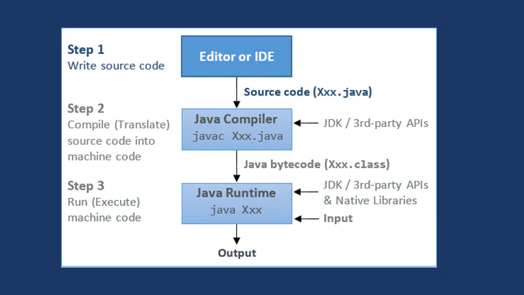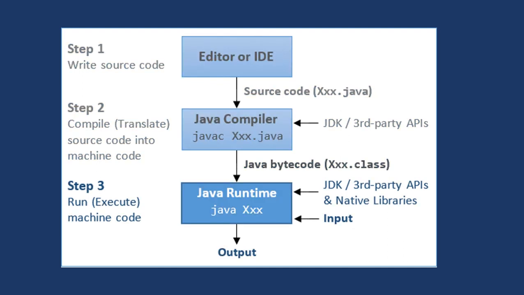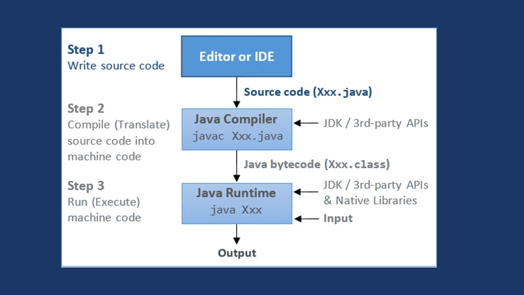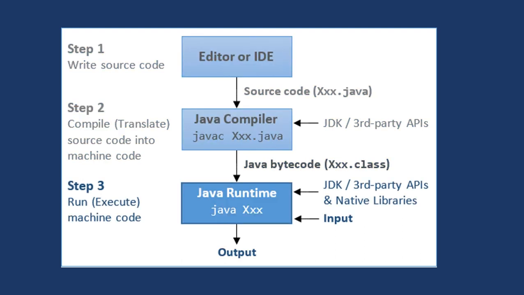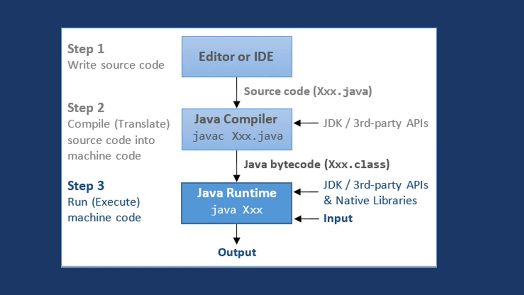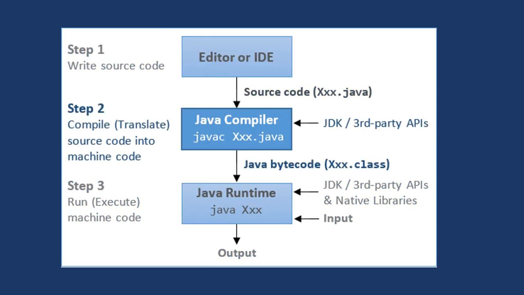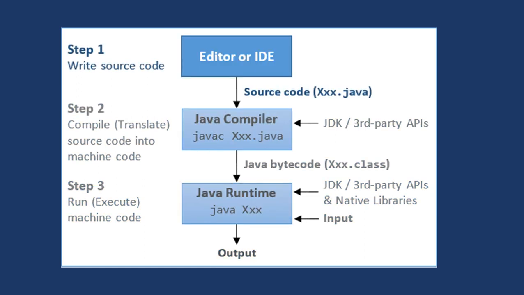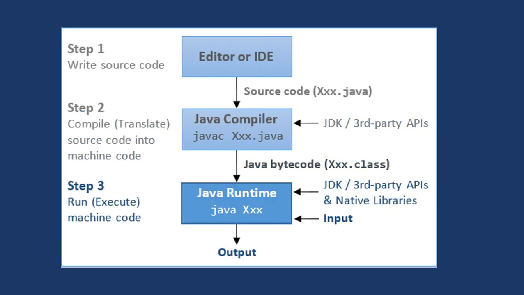If your program name is xx.java, the class will be produced with the same name, xx.class. If your program is try.java, the class produced is try.class. The final part is that this bytecode is executed in the Java runtime environment.